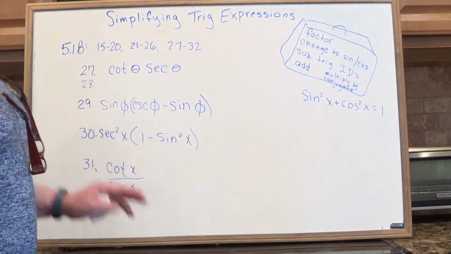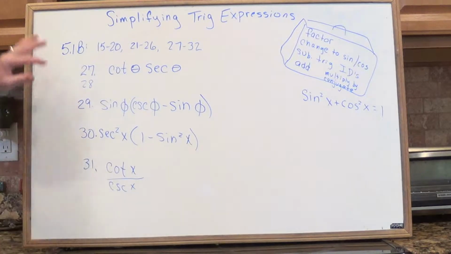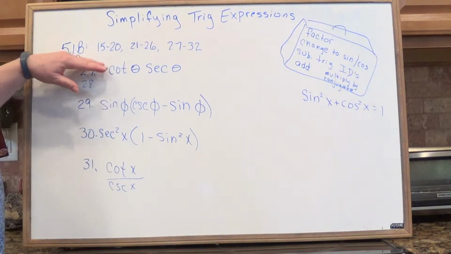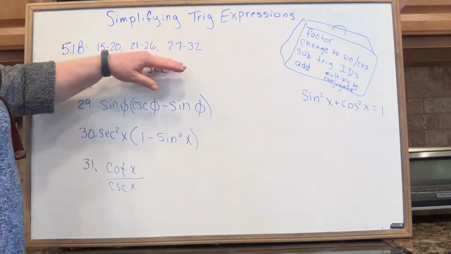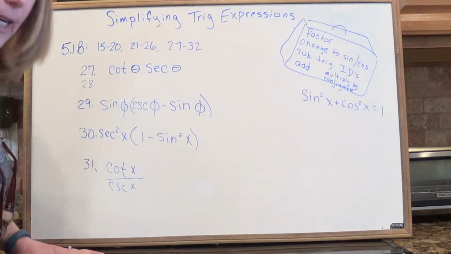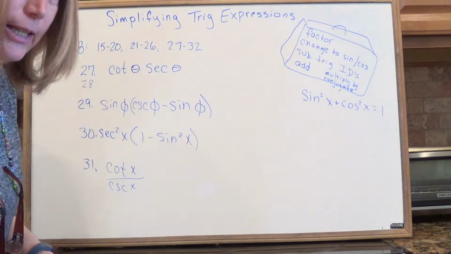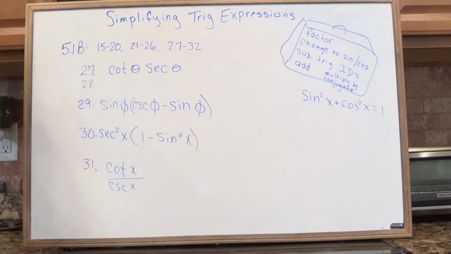What I want to mention to you is that 5.1b has 15 to 20, 21 to 26, and 27 to 32. Those were due in class. We worked on them in class on Friday, and if we'd had time, we would have checked those in class today, so that'll happen tomorrow.